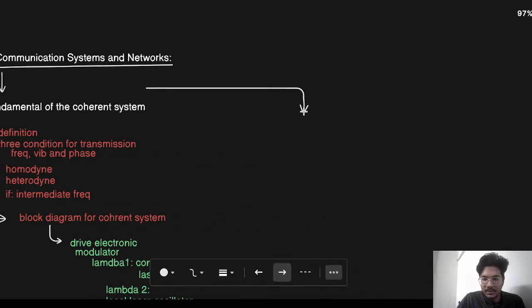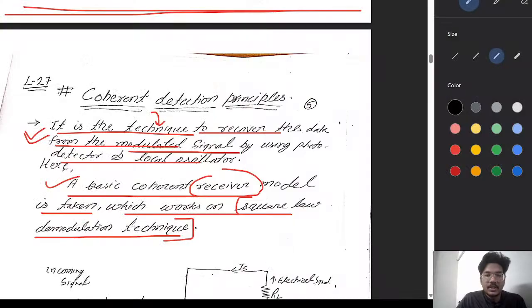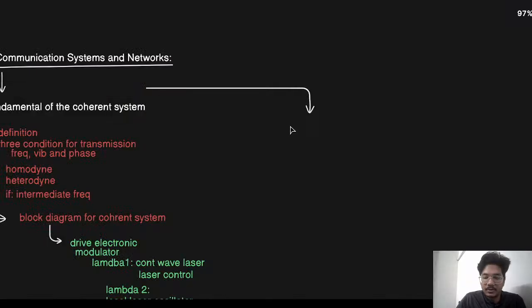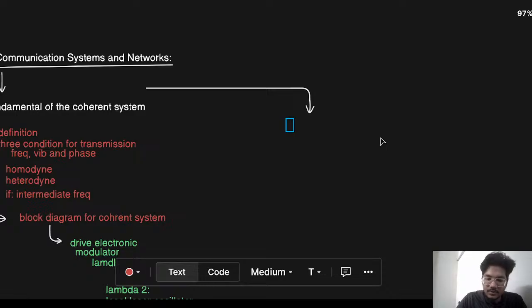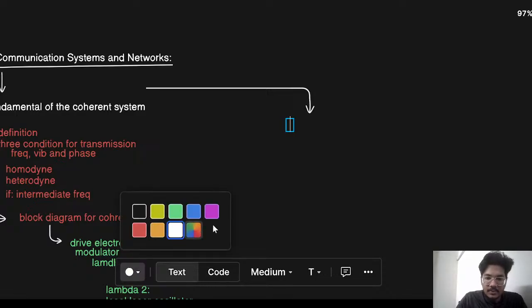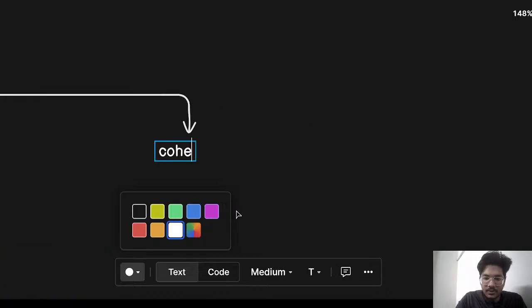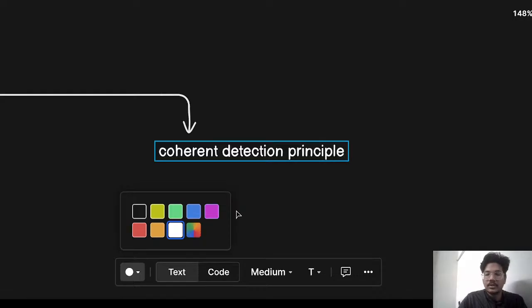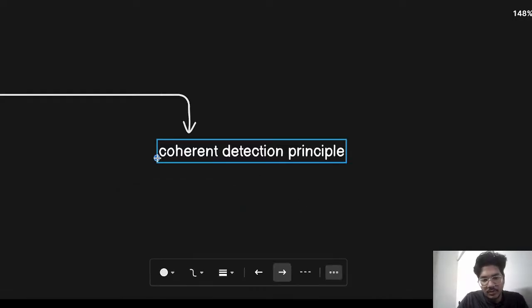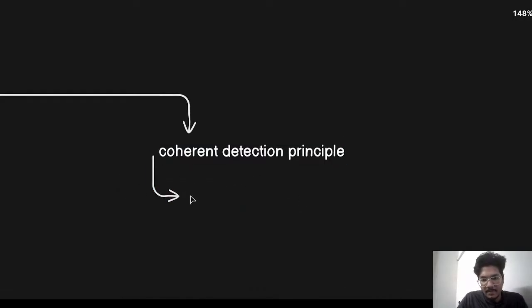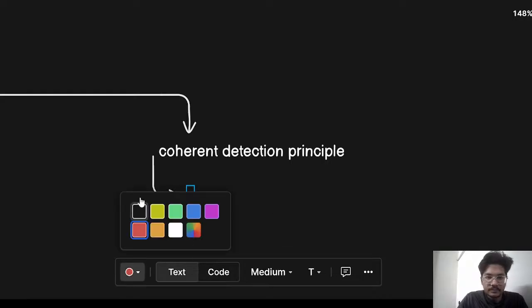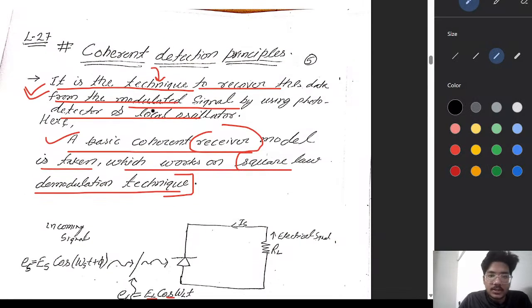After that, we study and focus on the coherent detection principle. First of all, understand the transmission.